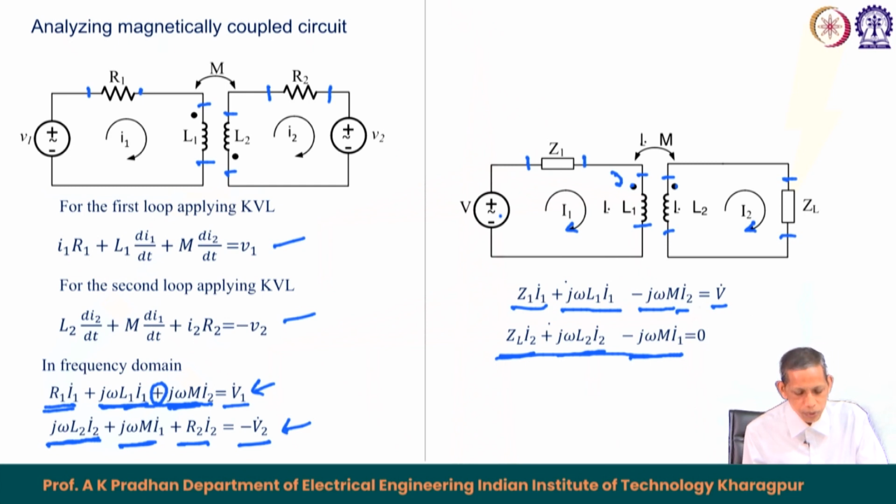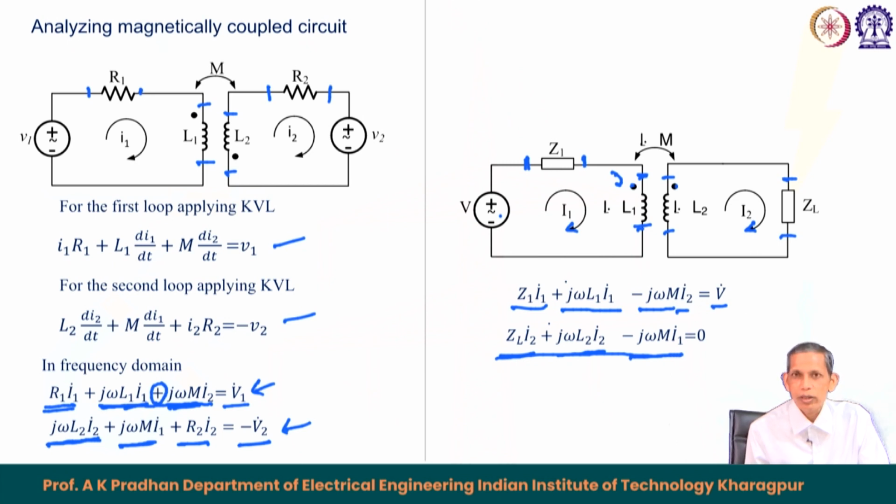So, for this magnetically coupled circuit case, the first step is to write the corresponding loop equations correctly. For that, as I said, you look into the different element component parts of this loop and for each loop we will have to write the corresponding voltage drop. In case of coupled things we must take into account the corresponding mutual component.